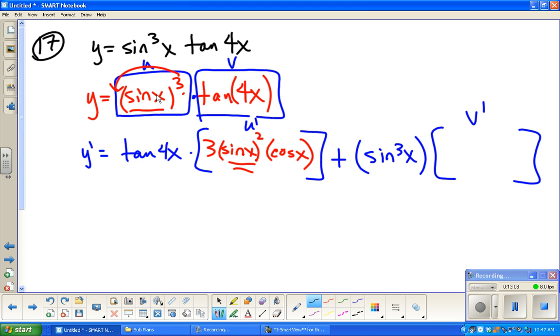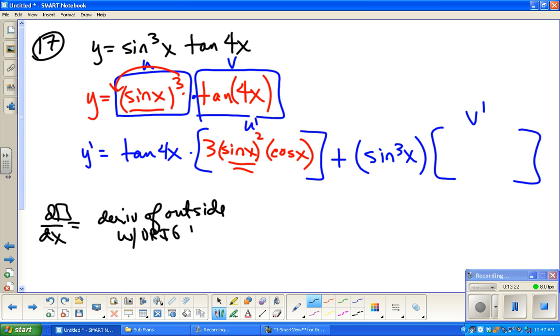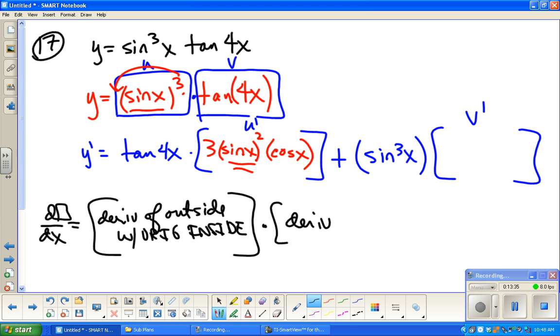So again, the idea is when we're doing the derivative of whatever it is, it's going to be the derivative of the outside with the original inside. I will try to circle the outside in light green or something. And then times the derivative of the inside. So in this case, this is that outside function. It's something cubed.